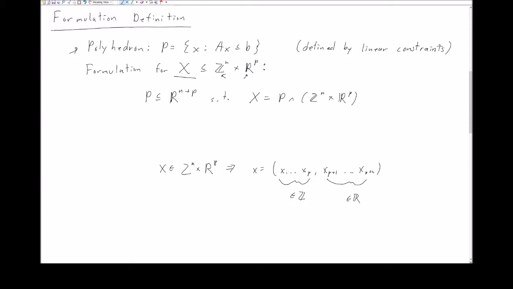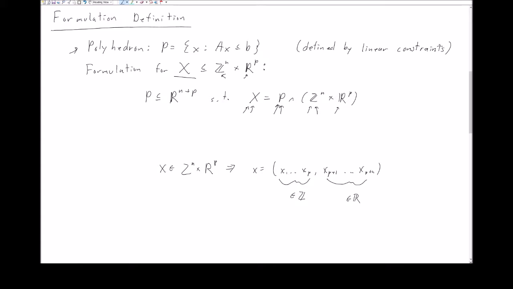Our polyhedron P is going to be a formulation for this set X if, whenever we intersect our polyhedron P with the set of vectors defined by Z and R over the proper dimensions, we get back our set X. Effectively, what this is saying is our polyhedron P is going to be a formulation when we look at the lattice points, Zn, it exactly circles the right lattice points.